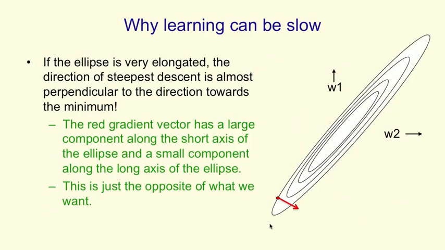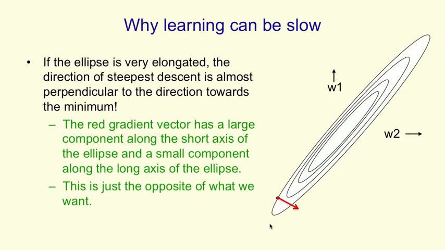Using this picture of the error surface, we can also understand the conditions that will make learning very slow. If that ellipse is very elongated, which is going to happen if the lines that correspond to two training cases are almost parallel, then when we look at the gradient, it's going to have a nasty property.